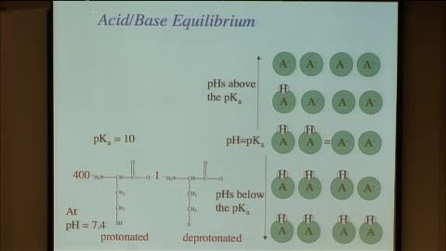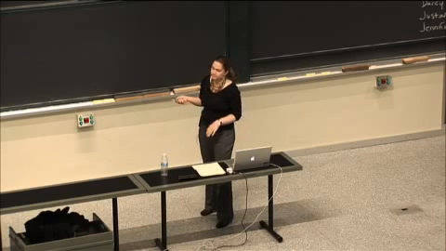In the particular example I gave, we have a pKa of 10. So at 7.4, we're at a pH that is below the pKa, and so there'd be more protonated. If you do the math, it's 400 to 1. But even if you aren't doing any math, you should think about the fact that you'd have more of the protonated form than the deprotonated form.